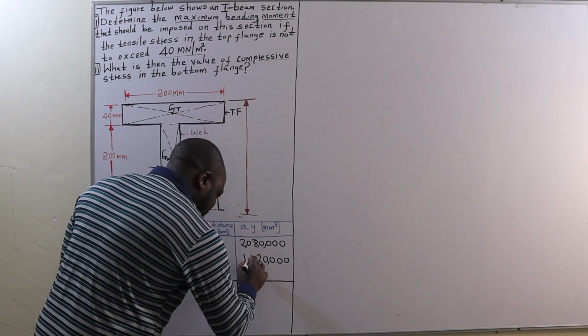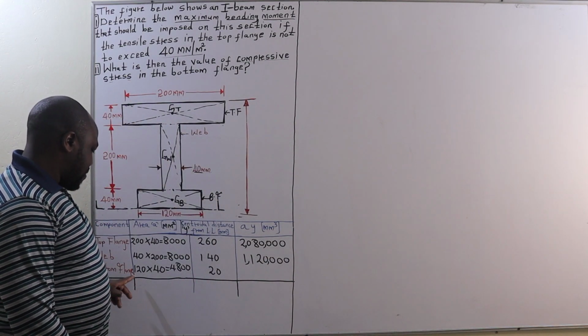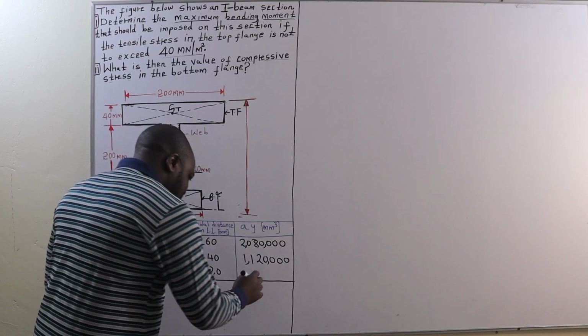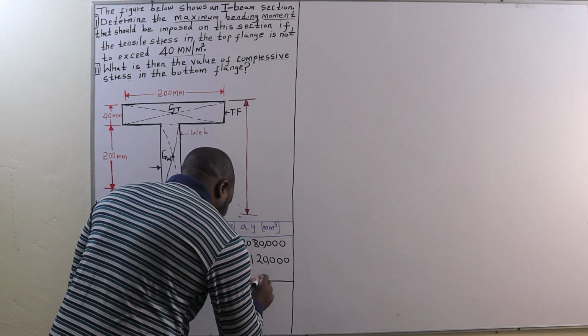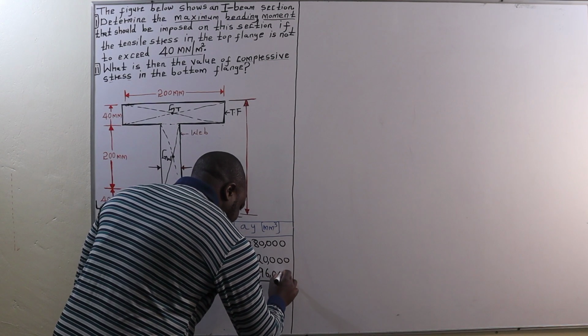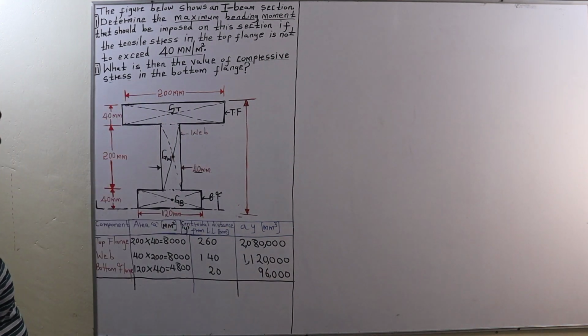For the bottom flange, 4,800 times 20, that is going to be 96,000. So, those are the values of AY.